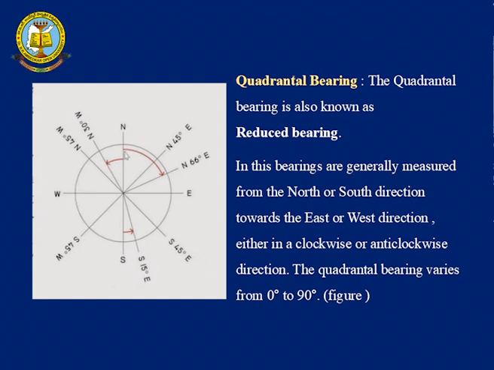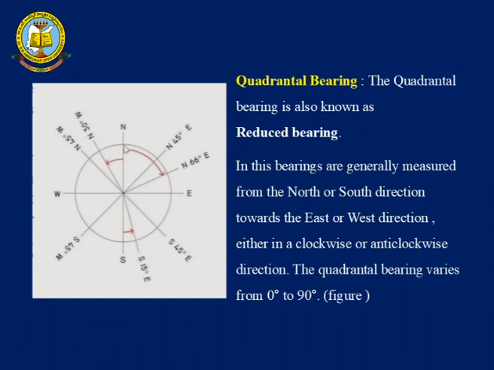But how will you name the degrees? Suppose this is north and you are taking readings. You can read it as 35 degrees north-west, or another one, 45 degrees in the south-east, and here you will see readings in the south-west and in the north-west direction.